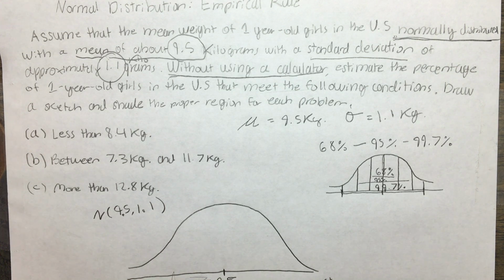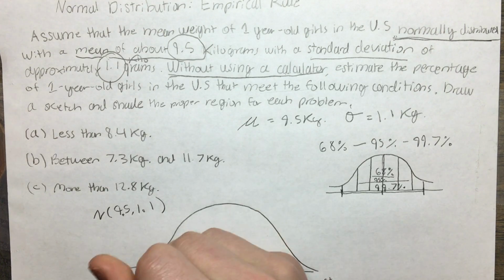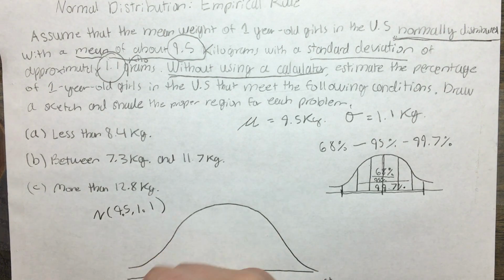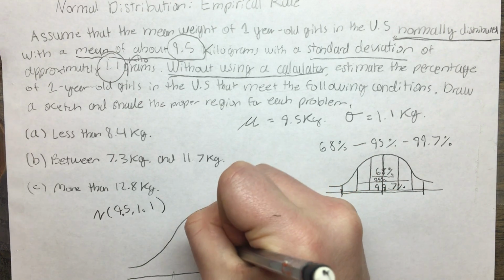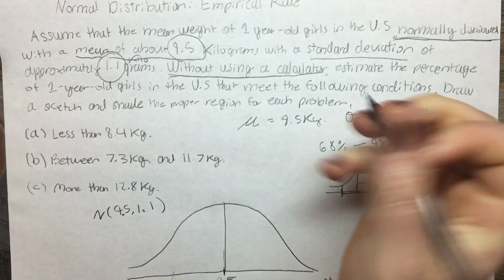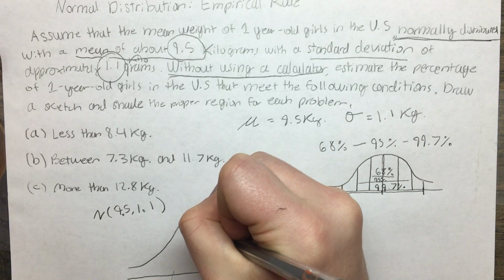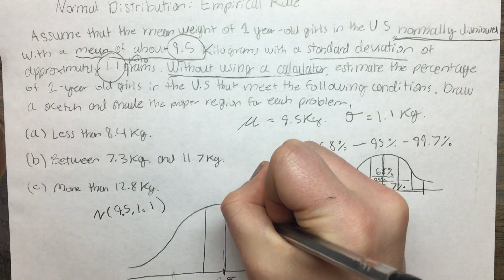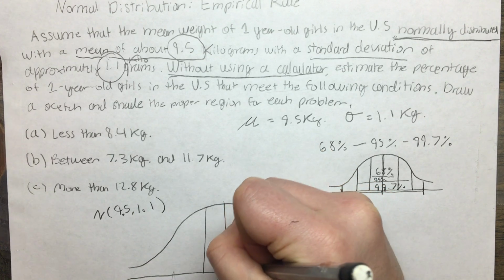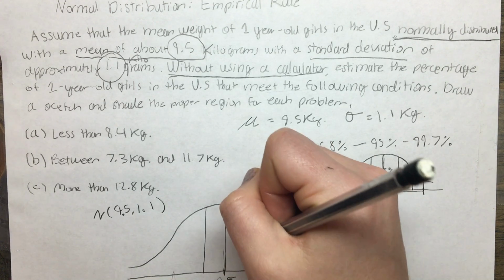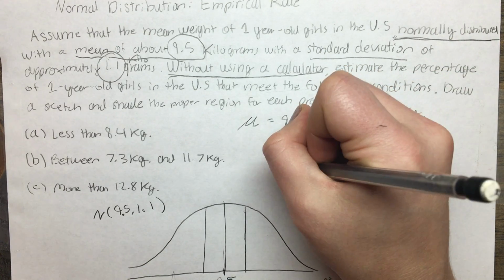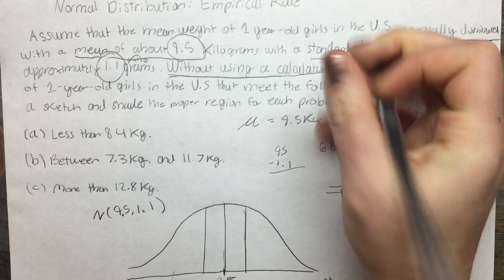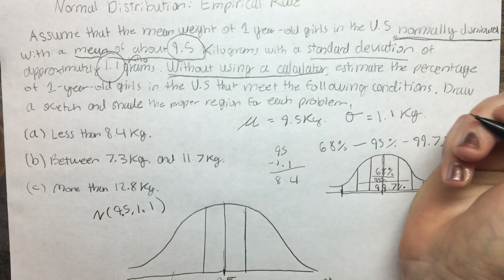Less than 8.4 kilograms. Now I'm going to go through this model and write down what each weight is for each standard deviation. So here's the mean. One standard deviation away, right here, is 68%. So you do 9.5 minus 1.1, and you get 8.4.